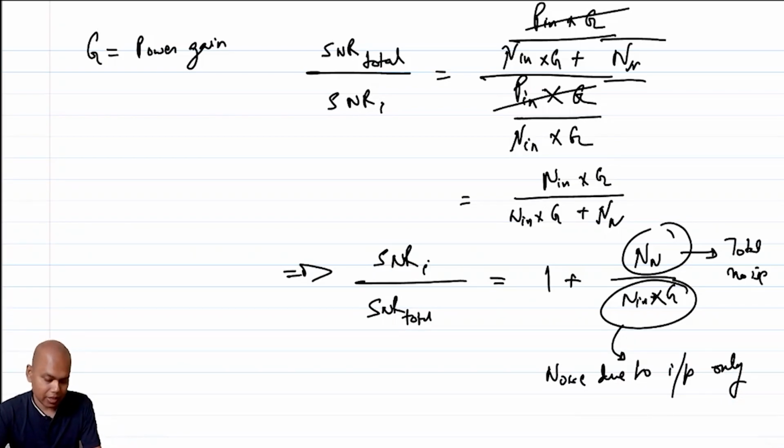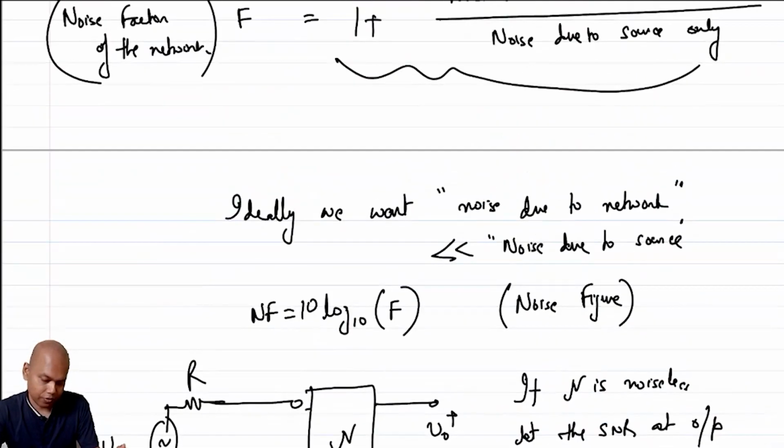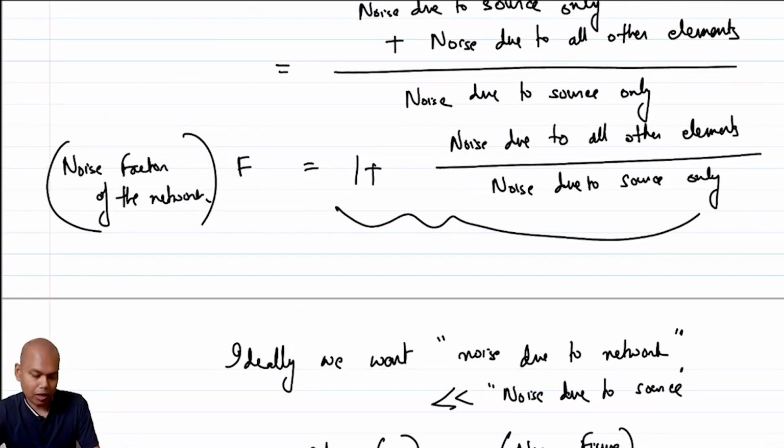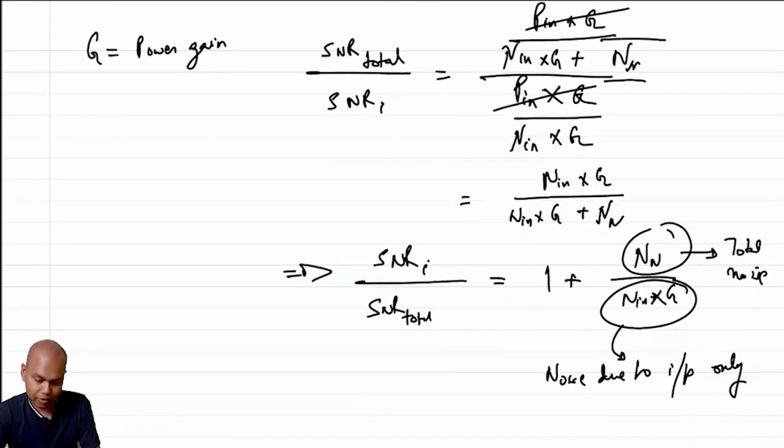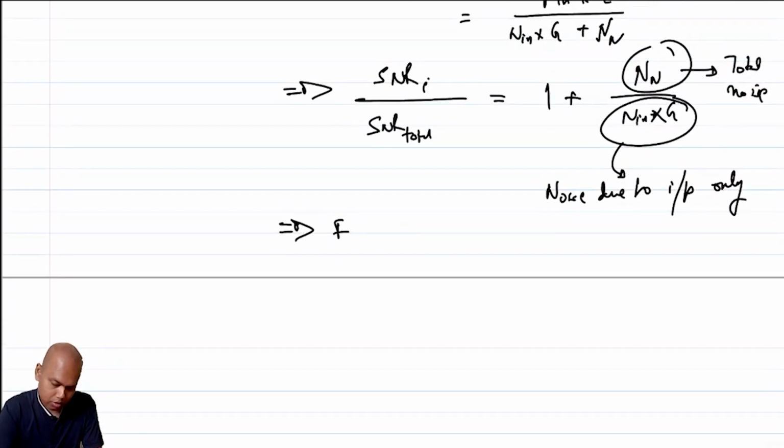So now what is SNR in by SNR out? This is exactly the definition of noise factor: 1 plus noise due to all other elements divided by noise due to the source only, or basically the total noise divided by the noise contribution of the input only, right? So essentially your noise factor definition boils down to SNR in divided by SNR out, or SNR total.